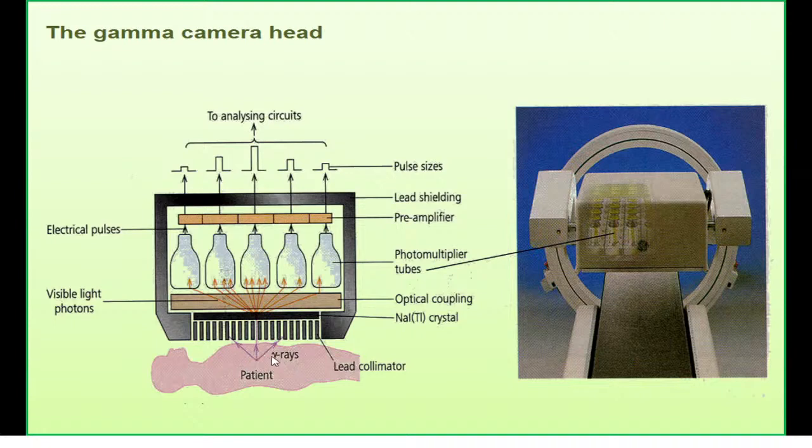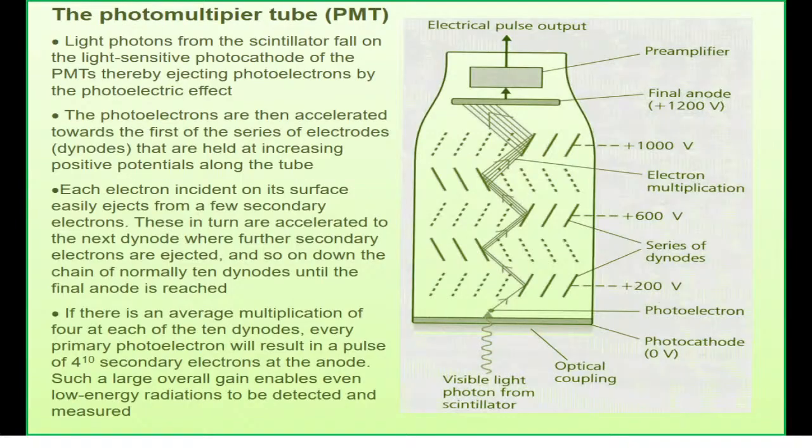The gamma rays go from the body, and after that these gamma rays, electromagnetic radiation, are detected and processed.